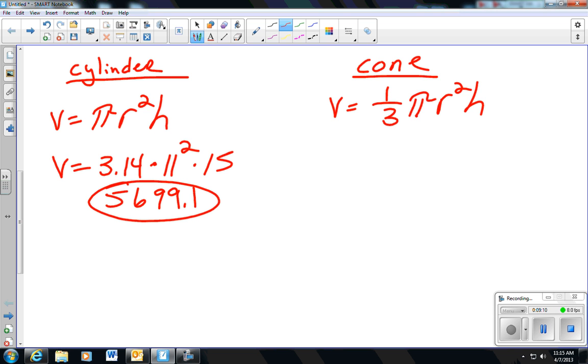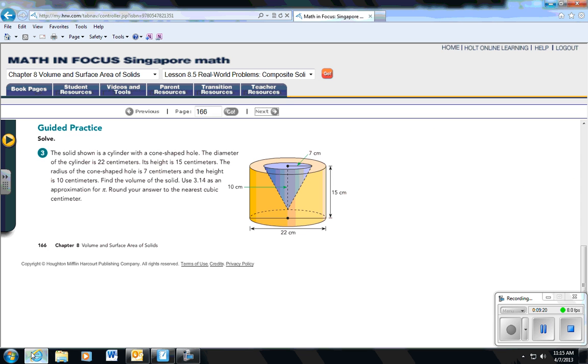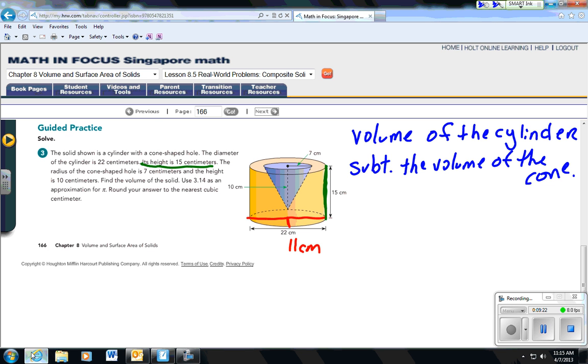We've got that number. Now we need the volume of our cone. Volume equals 1/3 times 3.14. Now let's flip back and see what the radius and the height of the cone are. So if we look at the cone, it has a radius of 7, it tells us, and a height of 10. And again, it even says in the wording over there, a radius of 7 and a height of 10.